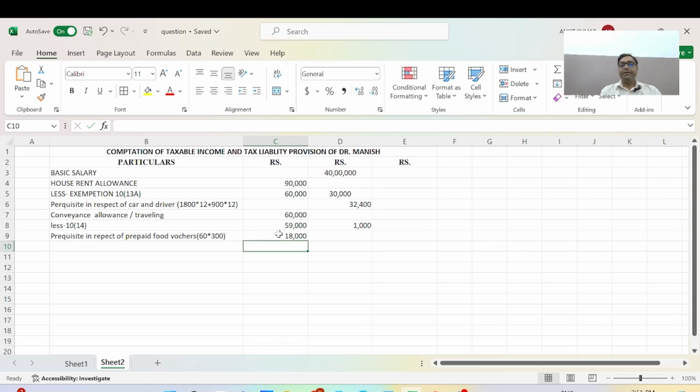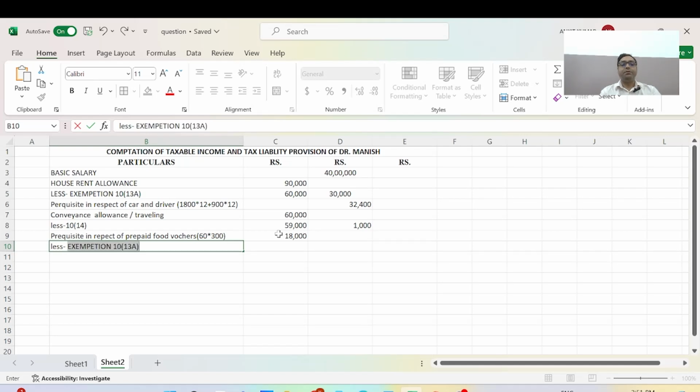Here is some deduction: less amount not taxable.